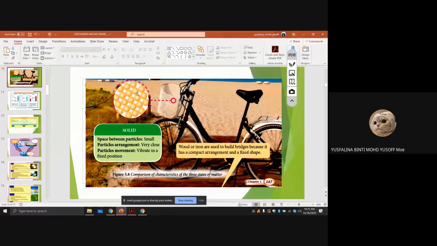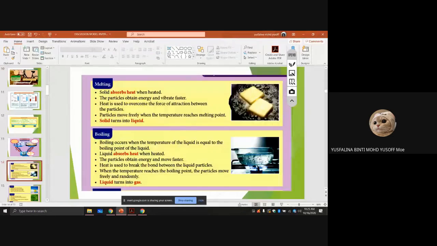Then the particles will be free to move. So heat is used to overcome the force of attraction between the particles. The particles move freely when the temperature reaches the melting point, and then the solid turns into liquid.